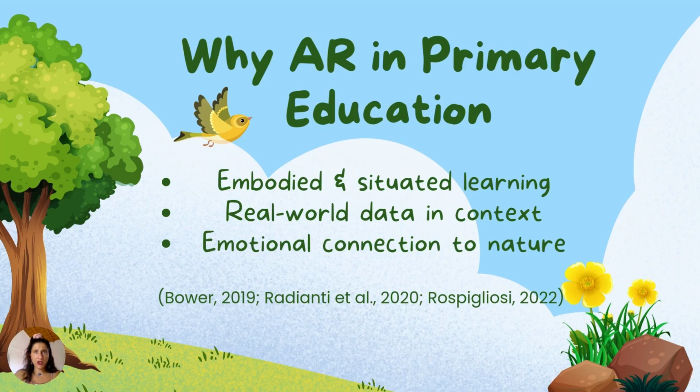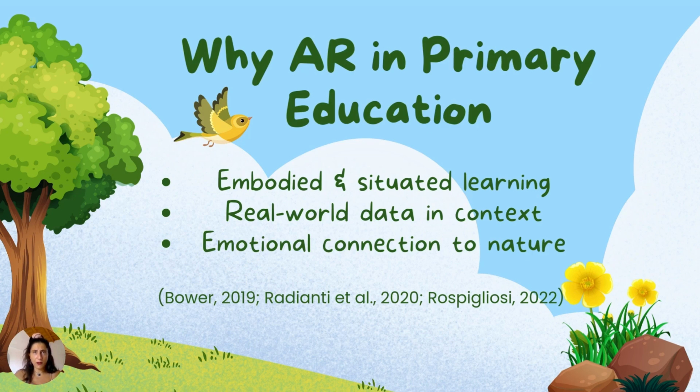In primary education, AR lets students move, observe, and mostly connect learning to their own environment, making abstract concepts concrete, something that is very usual in environmental issues. It gives children the chance to learn with their whole body, not only by listening or reading.